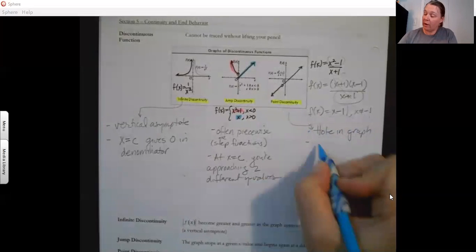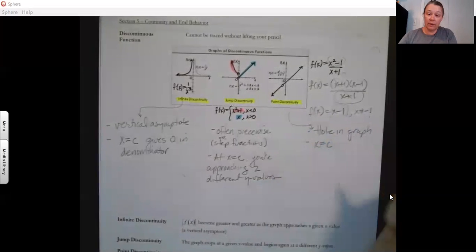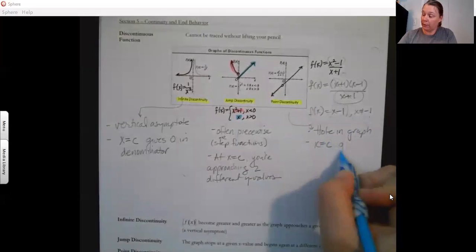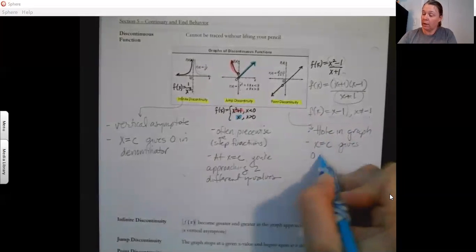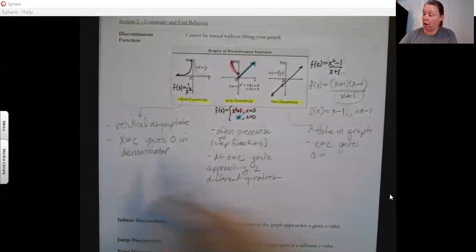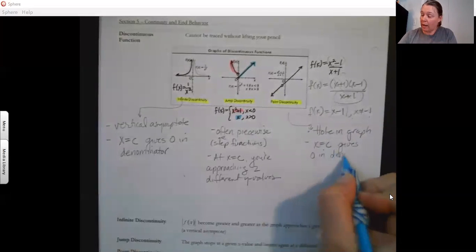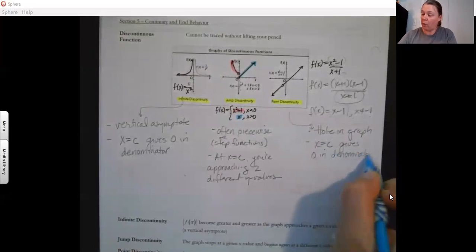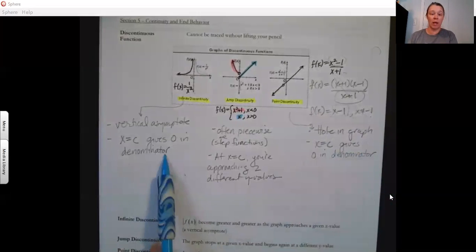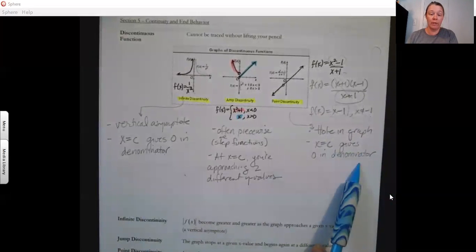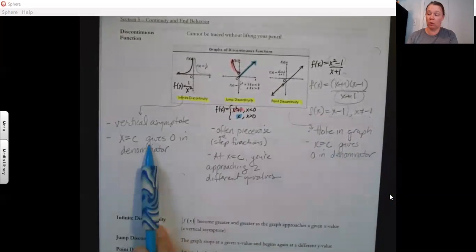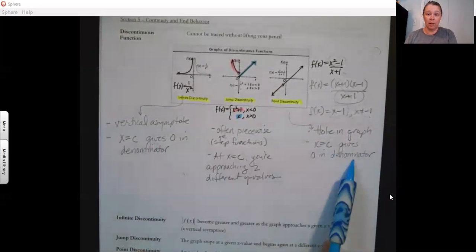And so that value at x equals c gives 0 in the denominator. And that is what happened over here also. So now we kind of have to talk a little bit about, well, in both cases, the c value where we have a discontinuity gave me 0 in the denominator, so how am I going to know it's a vertical asymptote versus just being a hole in the graph?